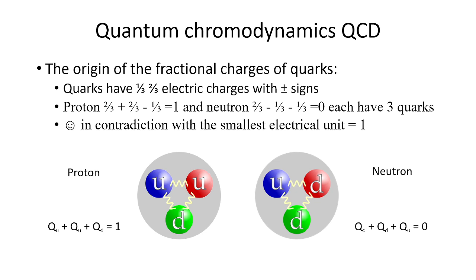And for neutron, Qd plus Qd plus Qu equal to 0. These 2 equations have no physical solution, but they have a mathematical solution.